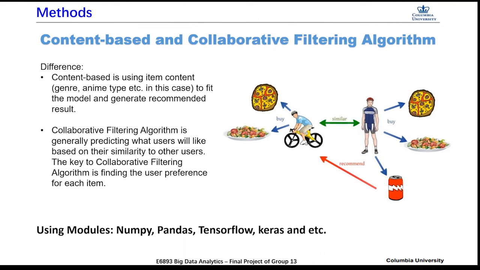The key to collaborative filtering is to find the user preference for each item. We use different modules like NumPy, Pandas, TensorFlow, and also PySpark in order to approach the different algorithms in this case.